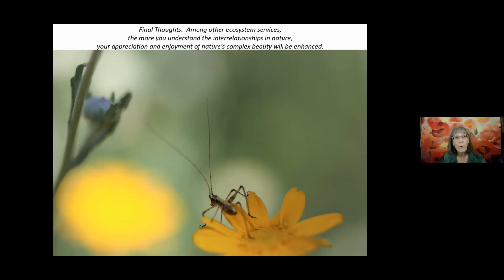I also raise things from seed myself, and you're not actually allowed to collect plants in parks and things like that, but some people do collect plants along roadways.